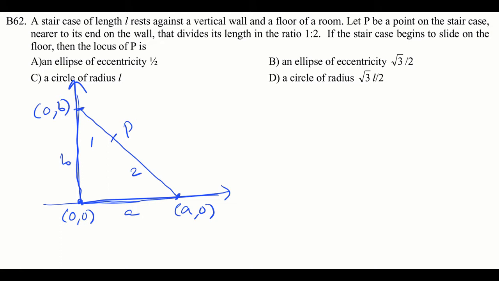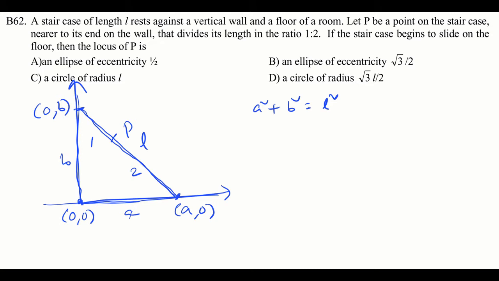Now as the ladder slides, a and b keep on varying, but in such a way that this length is obviously all the time constant. So if he gave the length of the ladder as L, we have a square plus b square is always equal to L square.